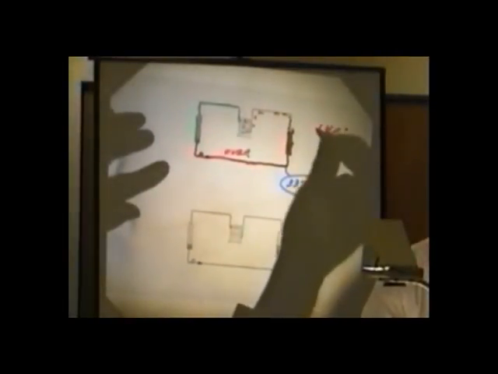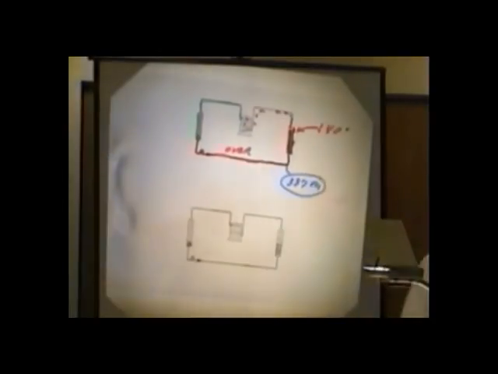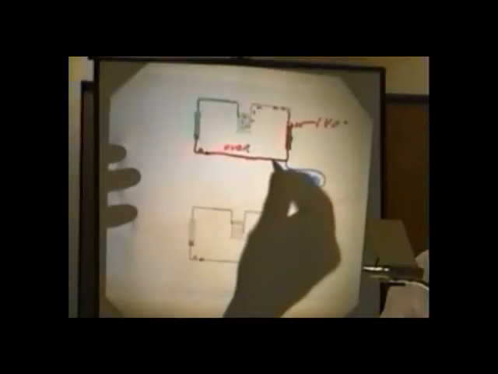So I now have 140 degrees right there. Okay? And I put my thermometer on the liquid line, and I now have, let's just say, 110 degrees.